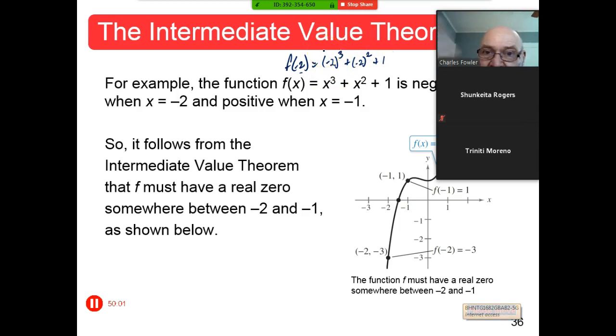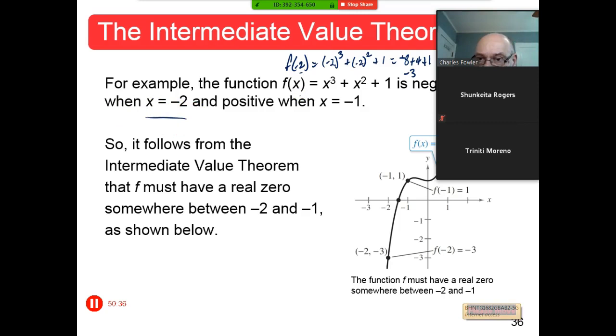What's negative 2 to the third power? Negative 8. You're absolutely right. And what's negative 2 squared? Positive 4. And then plus 1. Well, negative 8 plus 5 is negative 3. So they're right. This function is negative when x is equal to minus 2.